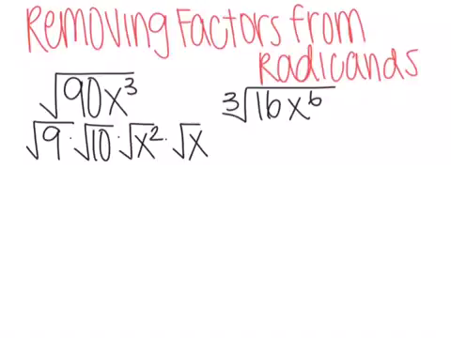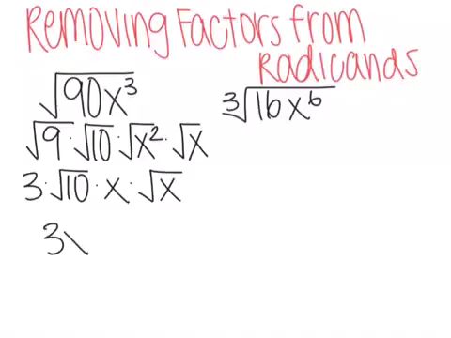So we can simplify that into 3 times the square root of 10 times x times the square root of x, and combine that further into 3x times the square root of 10x.